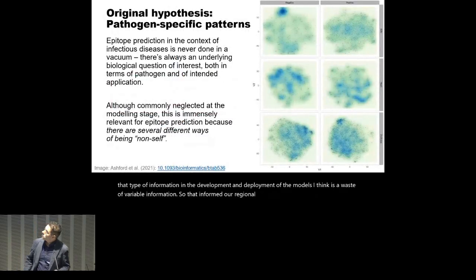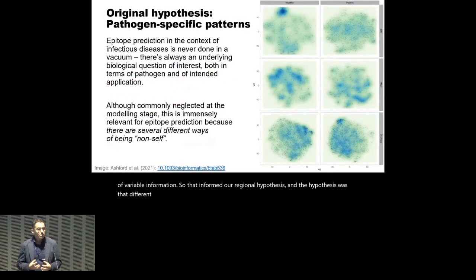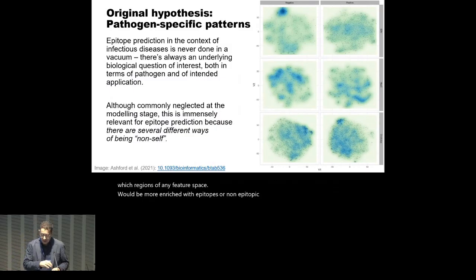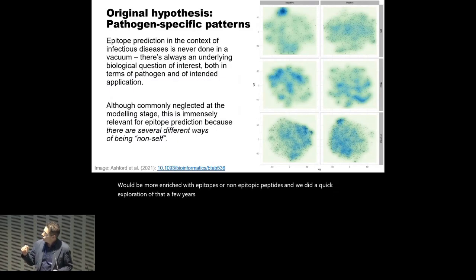And the hypothesis was that different pathogens would lead to different signatures in the feature space when it comes to which regions of any feature space would be more enriched with epitopes or non-epitopic peptides. And we did a quick exploration of that a few years ago. That was part of Jodie Ashford's PhD back in 2021, the paper.